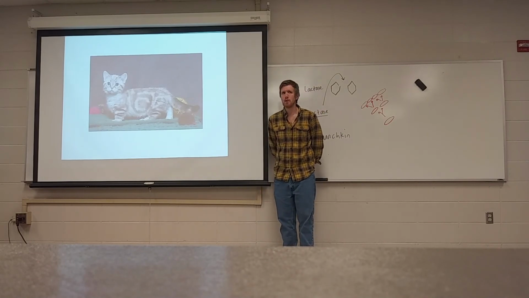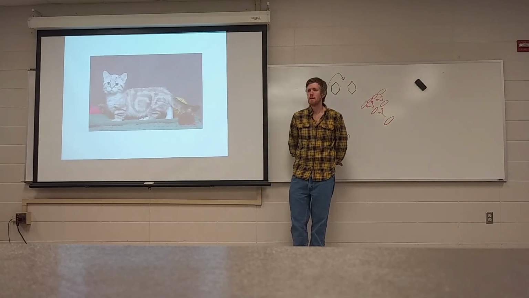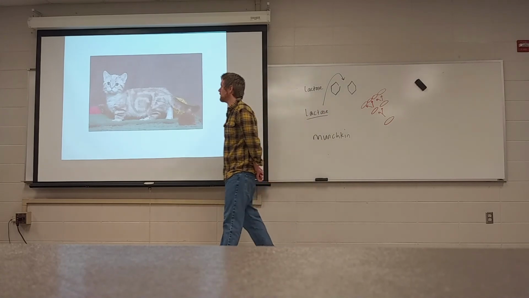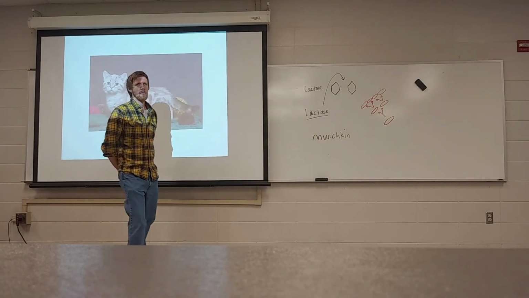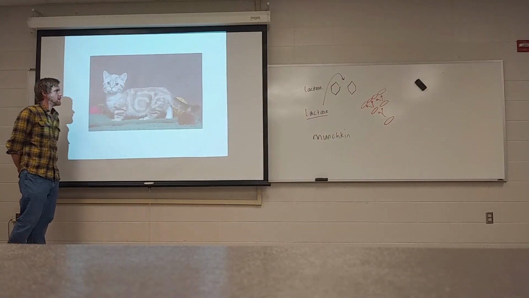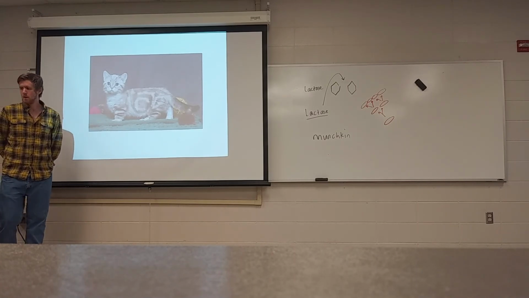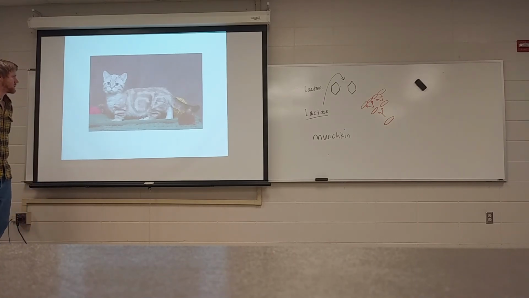That kitten had a litter, ultimately, and that litter gave rise to at least one other cat that had stunted short legs. And from those two cats, we now have an entire breed called the Munchkin breed, a mutation that led to short legs. It was decided that it was a beneficial thing to have. We wanted a breed of cat that had these short legs.